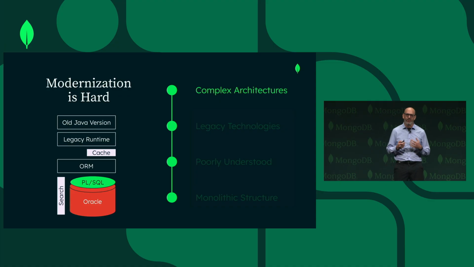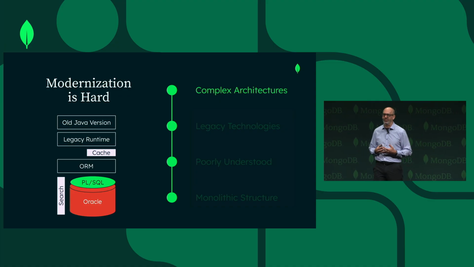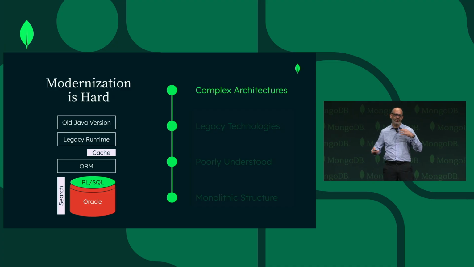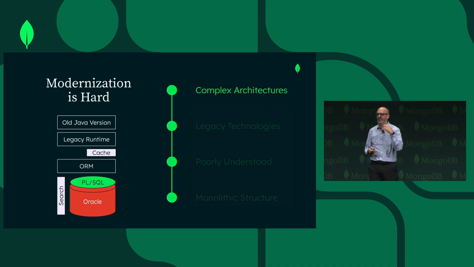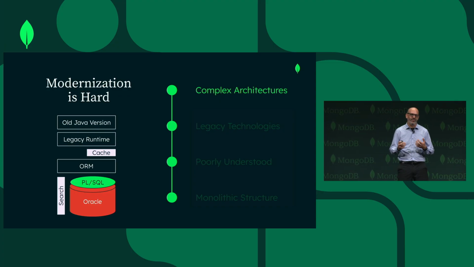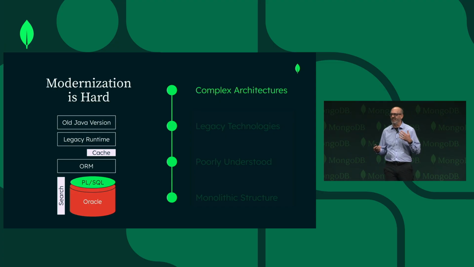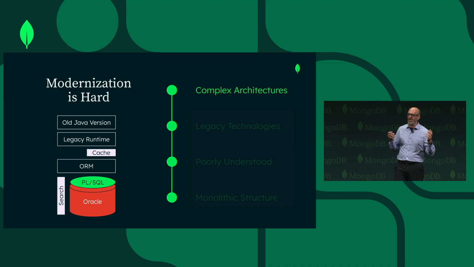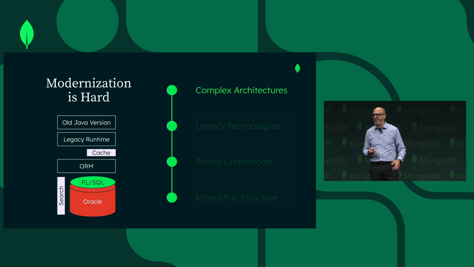First, you have really complicated legacy architectures, lots of different components: a relational database, stored procedures, probably some sort of cache to get around the fact that n-way joins are really expensive, and maybe a search engine added on for more query capability that the relational database can't handle. And then some runtimes, JBoss, WebSphere, who knows what else, an ORM, some really old version of Java that is out of support, and a whole bunch of libraries that are causing your compliance teams all sorts of headaches.